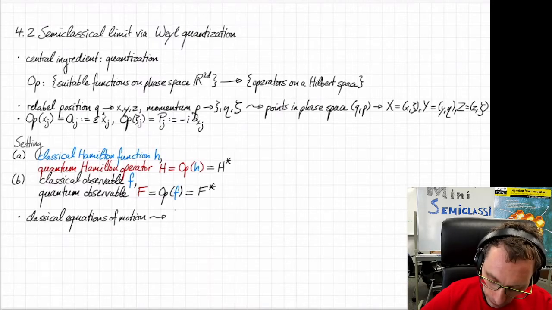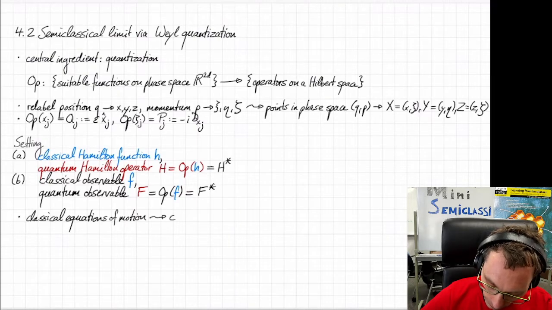So if we look at Hamilton's equations of motion, the solution is the classical flow on phase space.